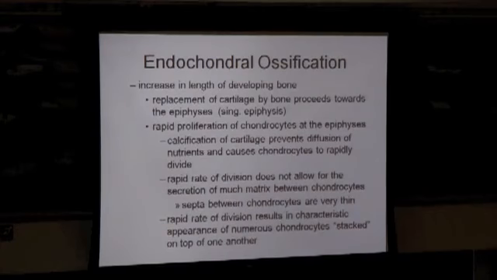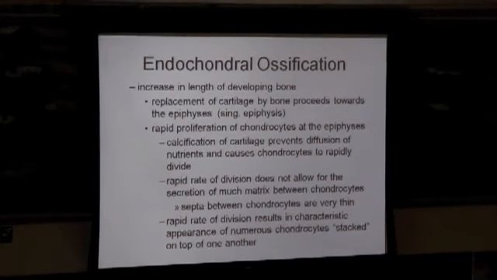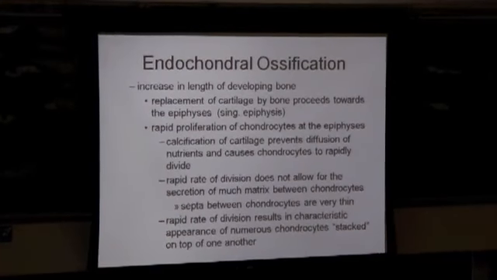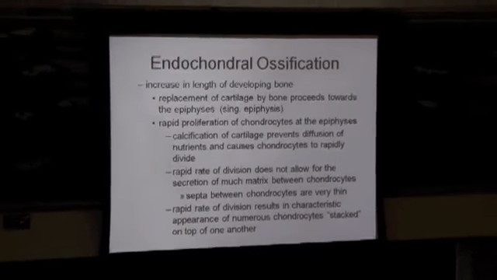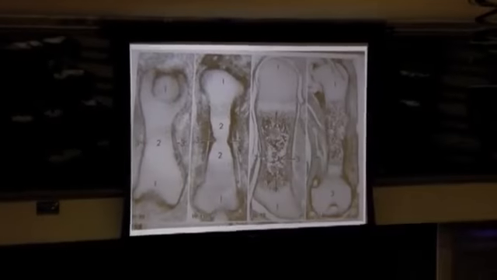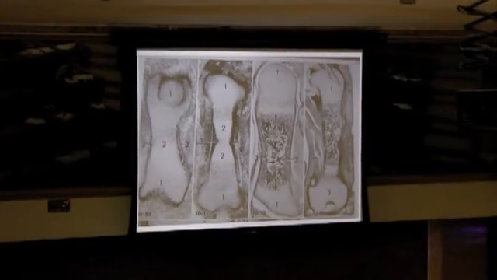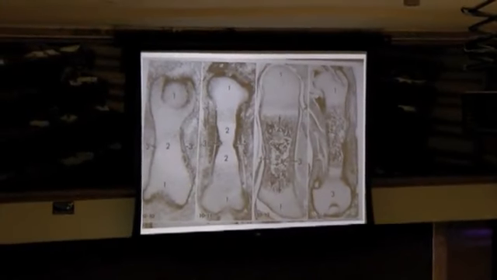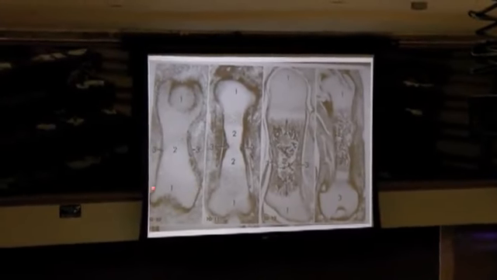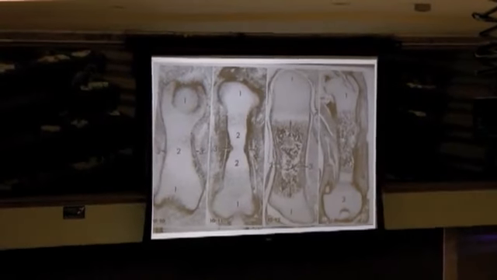So, this, as I mentioned earlier, this process basically starts to progress towards the ends or the epiphyses of the bone. At some point, let's move to this slide, something like this happening, where you have, initially again, just a regular cartilage sort of template.